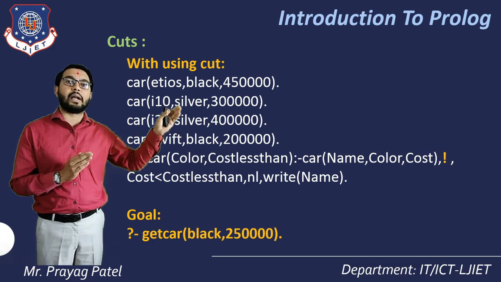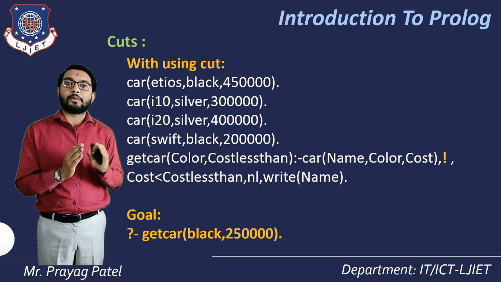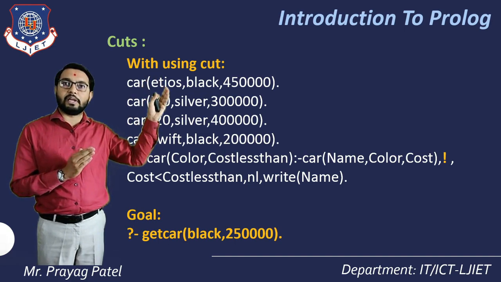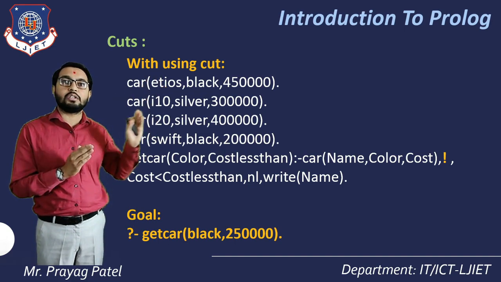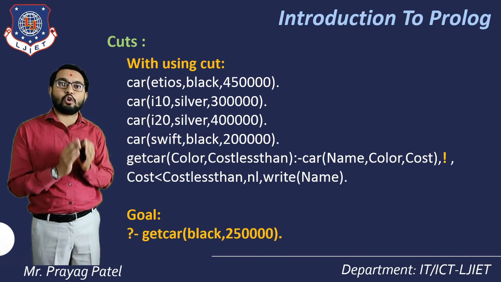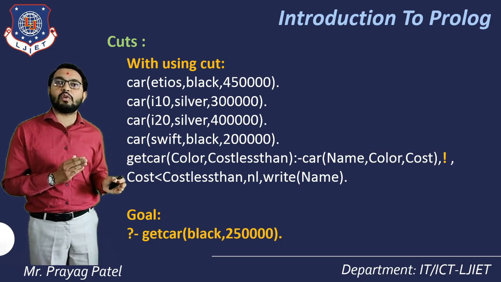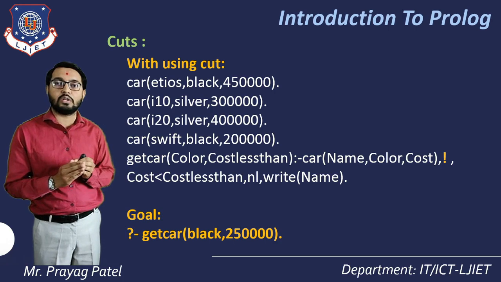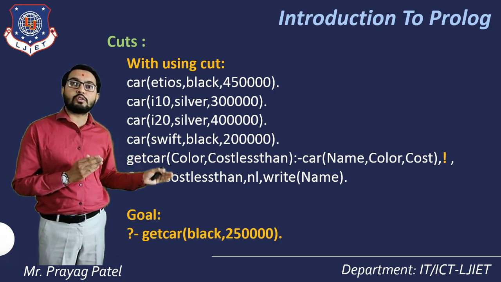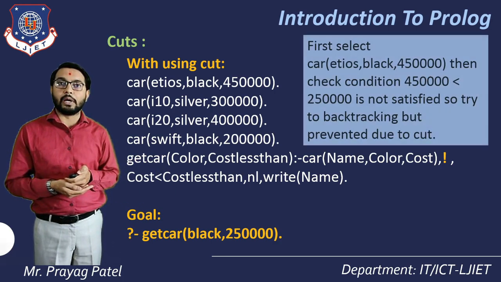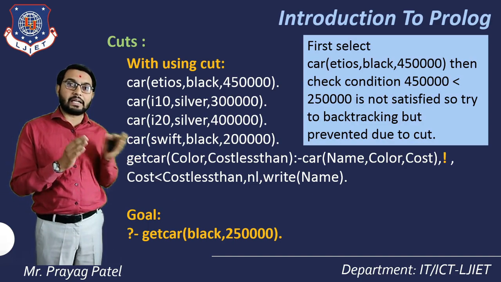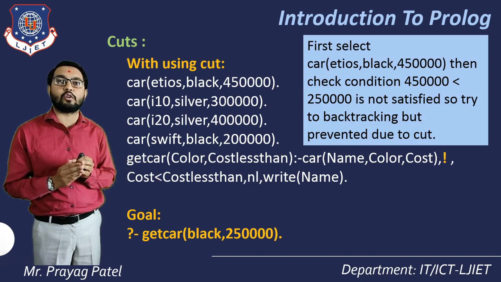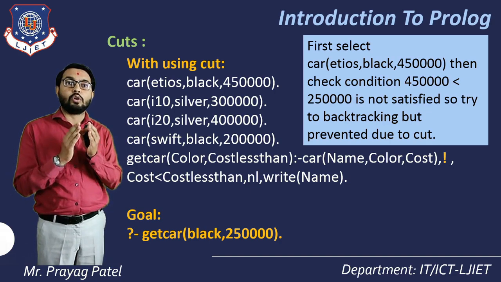After that comes the cut command. After that your car is fixed, the first statement is fixed, and you cannot change the Etios. The next statement is cost less than, so cost equals 4,50,000 and cost less than equal to 2,50,000. This condition is not satisfied, so we want to backtrack. But what is the problem? Here backtracking is not possible because before the cost less than there is the cut command.